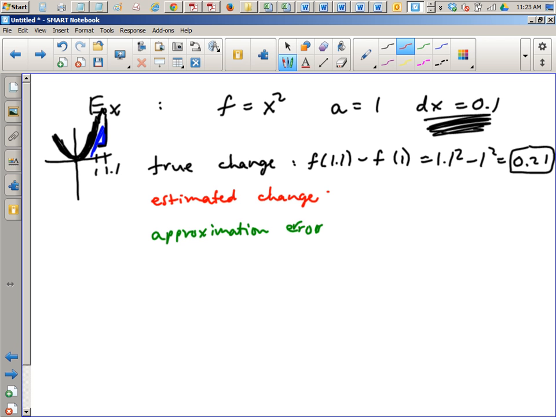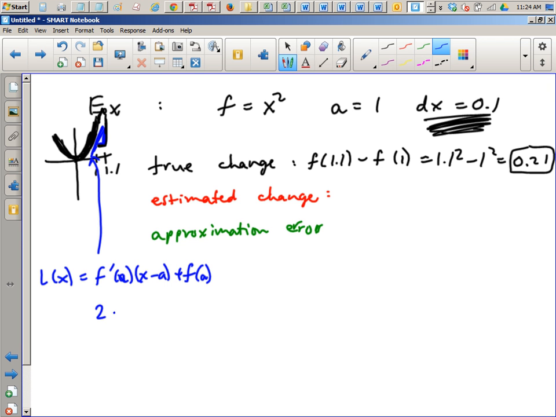Estimated change has more to do with the tangent lines. We're going to use the tangent line at 1. Okay, so why don't we find the equation of that tangent line right there. So the tangent line, we're now calling it L of x, as you remember. It's supposed to be f prime at a times x minus a plus f of a, right? This is the function x squared, so the derivative is 2x.